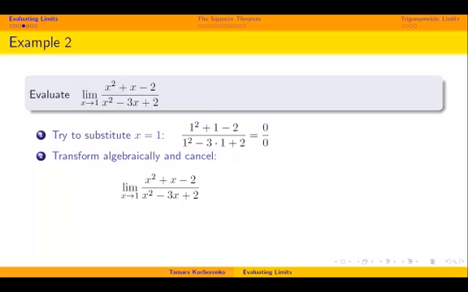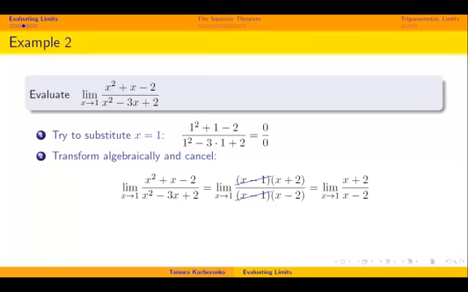The numerator factors as x minus 1 times x plus 2. The denominator factors as x minus 1 times x minus 2. We cancel the common factor x minus 1 and obtain x plus 2 over x minus 2.